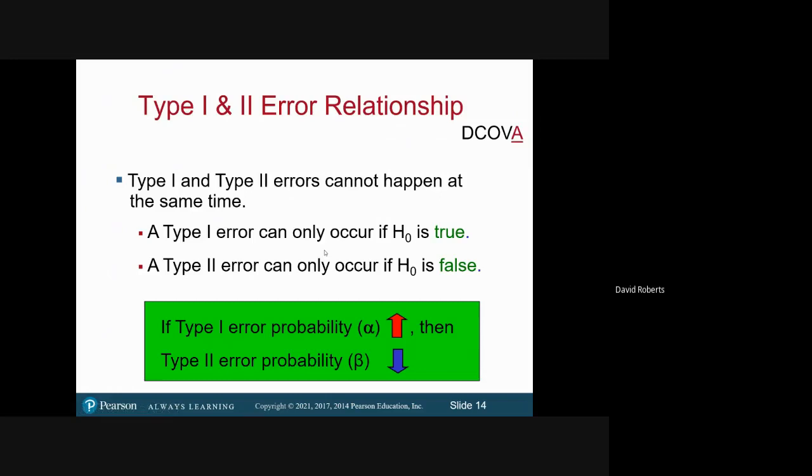Just intuitively know that type 1 error can only occur if H0 is true, and type 2 can only occur if H0 is false. The larger the level of significance, the greater the probability of type 1 error.